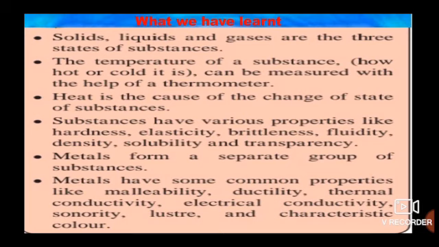Metals form a separate group of substances. Metals have some common properties like malleability, ductility, thermal conductivity, electrical conductivity, sonority, luster and characteristic color. So, this way we have completed our chapter number 5, that is, substances in the surrounding, their states and properties.